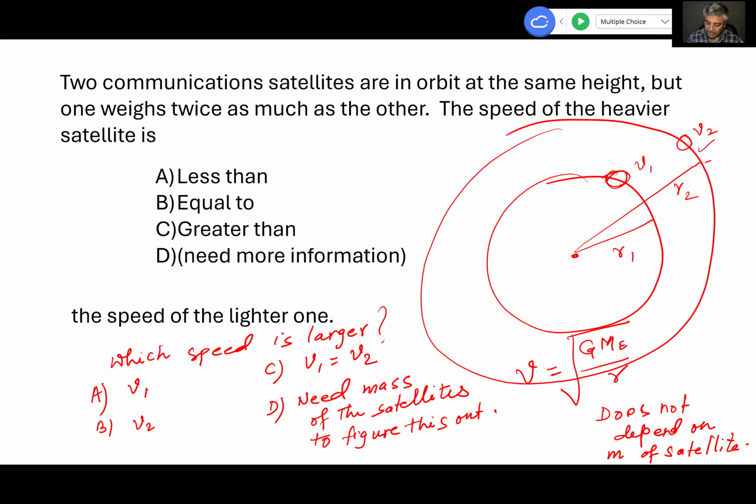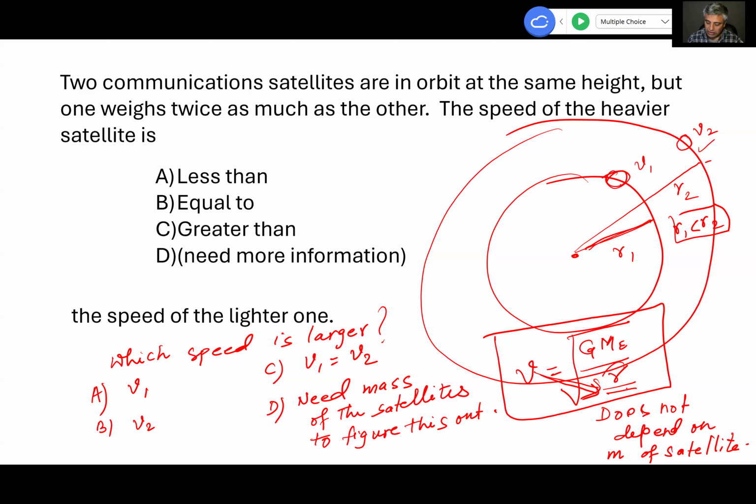So looking at this equation, to find the speed we see it depends on distance. Speed and R are inversely related. So larger R means smaller speed. In this case, R1 is smaller than R2, right? It is closer.